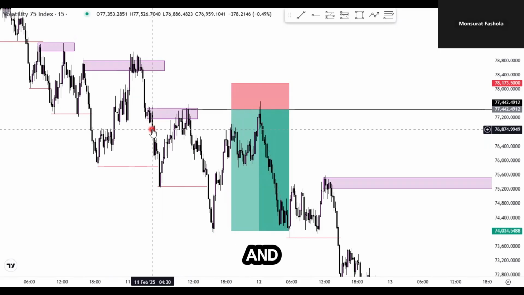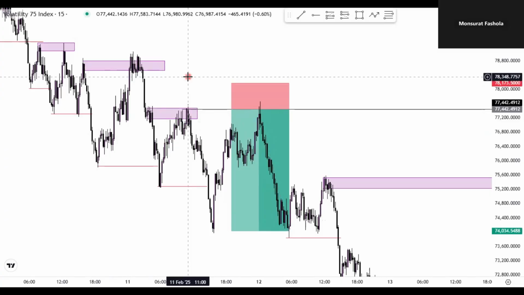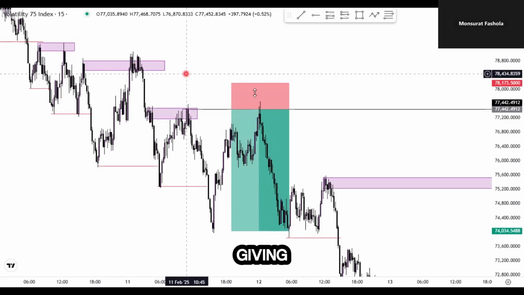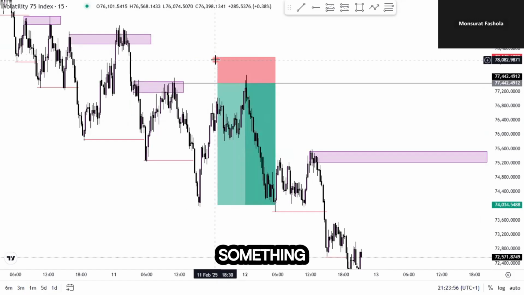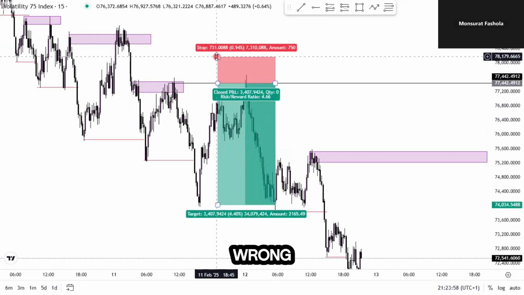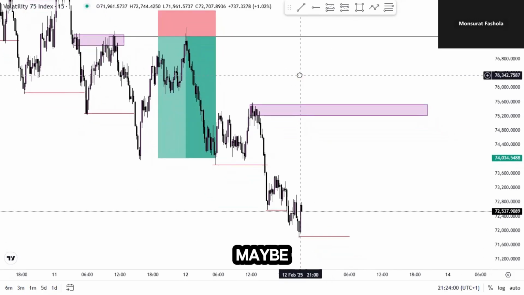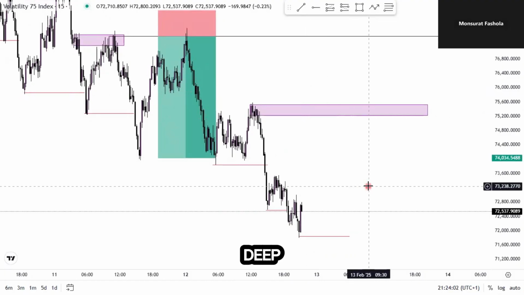You hardly hit stop loss. I know there's something I'm definitely doing wrong, but I really want to know if maybe I'm not looking deep enough. How did he get this level, and it plays out on this same level?